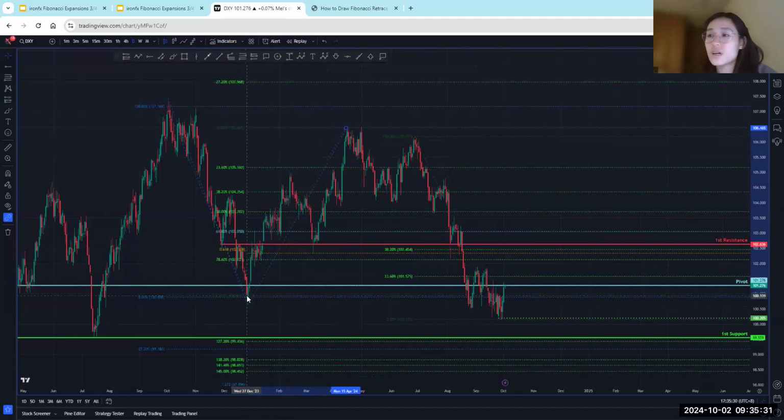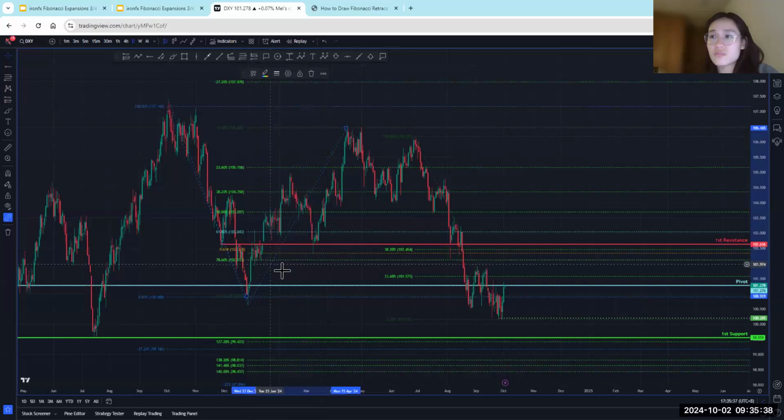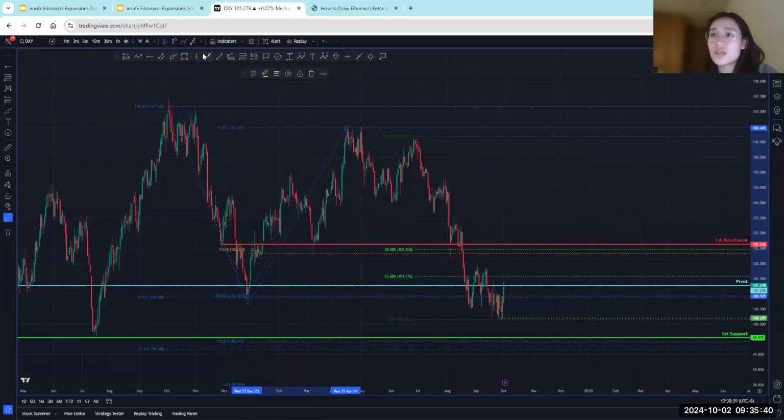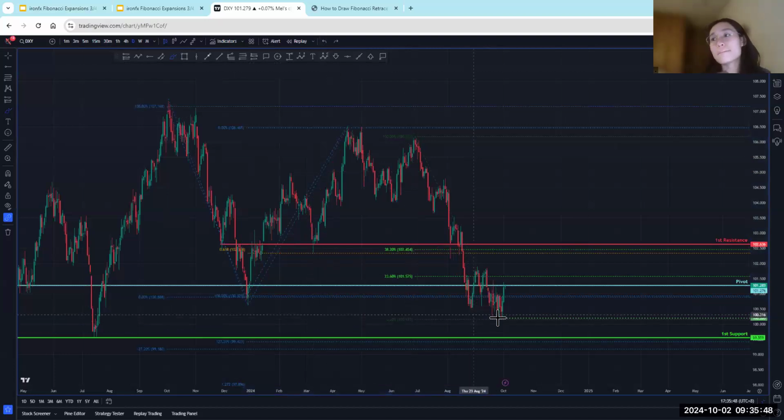Okay, here we have a bit of an extension. Okay, so this is our Nike tick shape. Okay, and the 1.27 lines up with our first support as well.